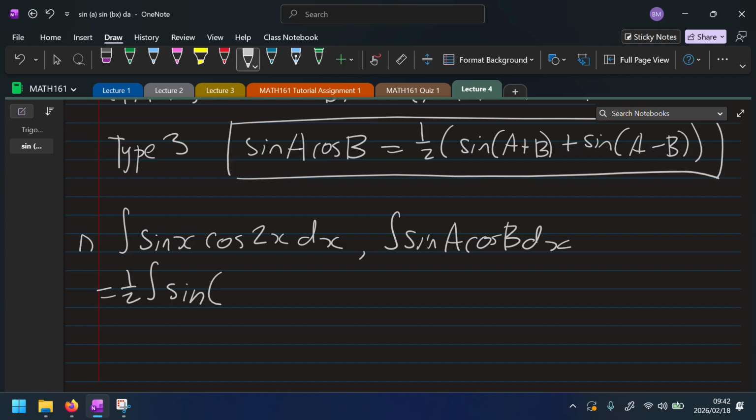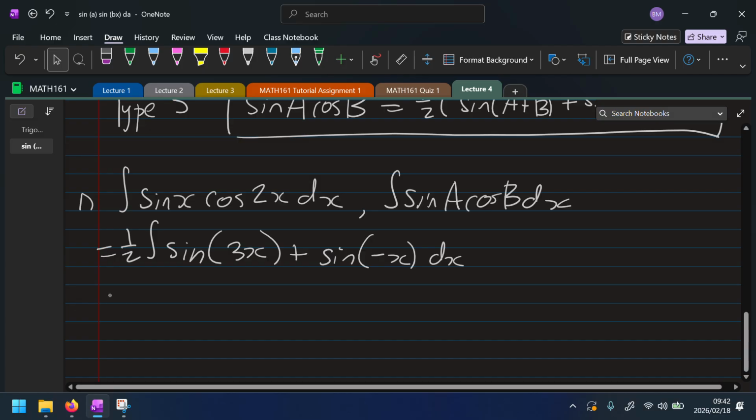So it'll be 3x plus sine A minus B. So that will be A is x, B is 2x, so it will be minus x. Okay, but sine is odd, so we can take the minus out.